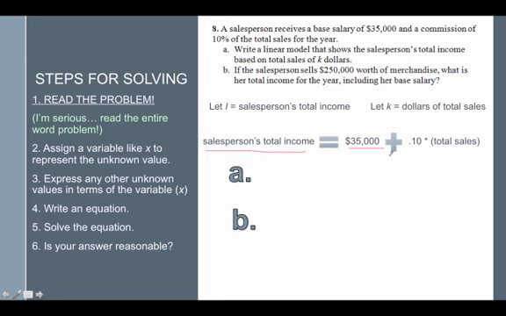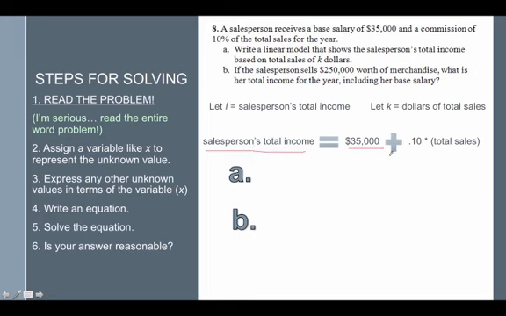Her total salary is going to be 35,000 plus 25,000, and adding that together I get 60,000. So for this particular salesperson, because of her total sales, she's making $60,000 as her salary.